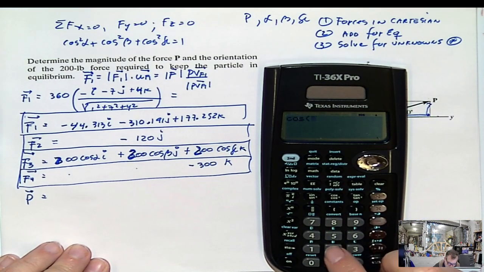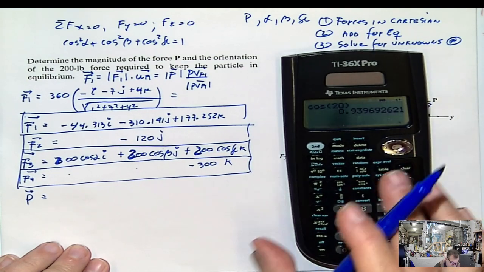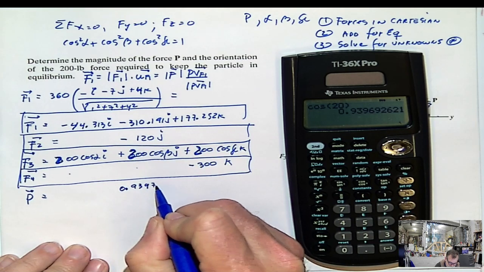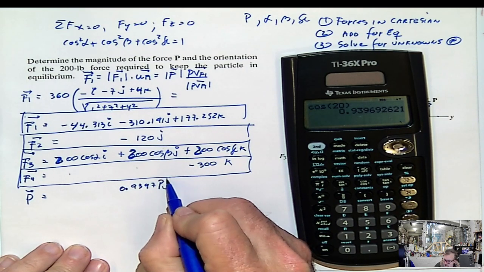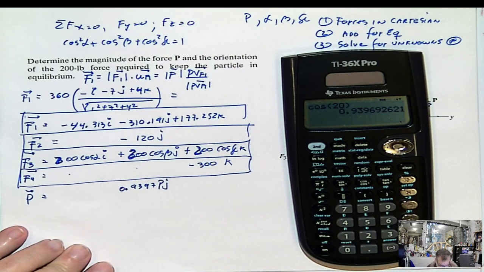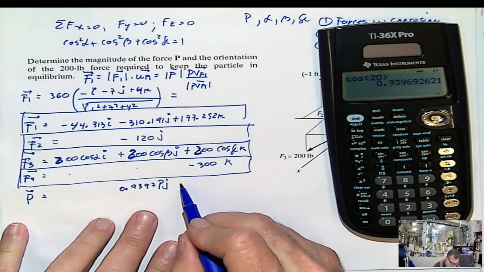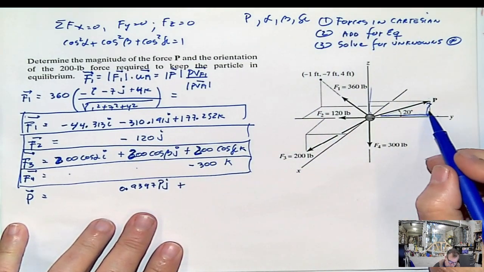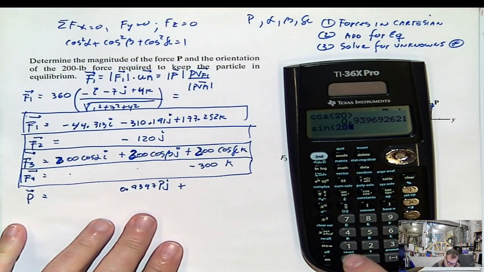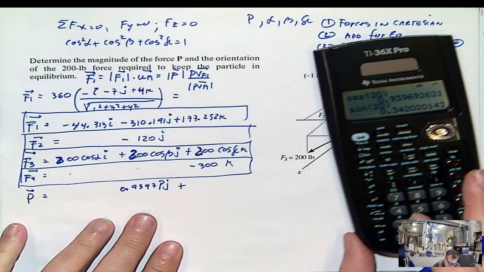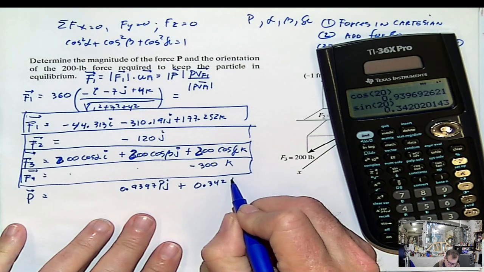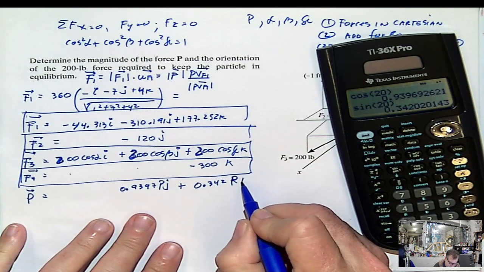So cosine of 20 is 0.9397 Pj, plus the k component, which is positive as well, and it's going to be sine 20 multiplied by P, 0.342 Pk. Okay.